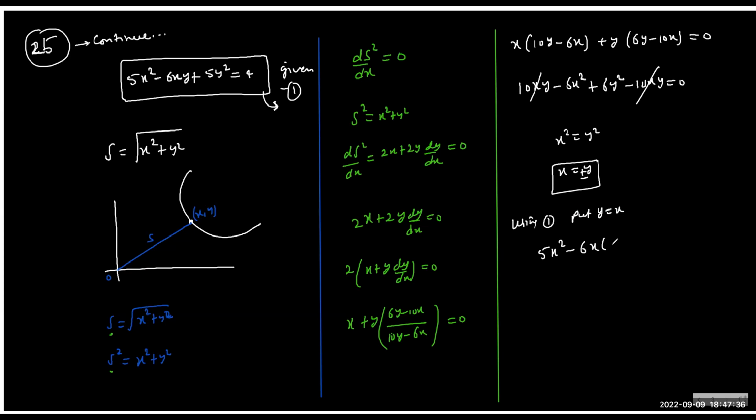So it's 5x square minus 6x square plus 5x square, so 4x square, which gives two answers, plus minus 1.